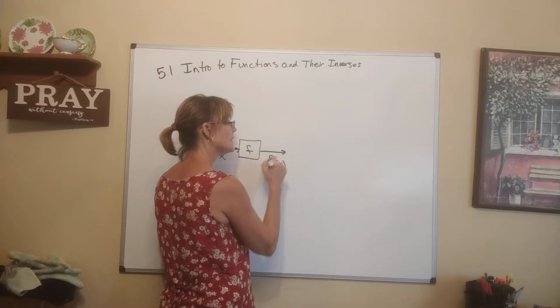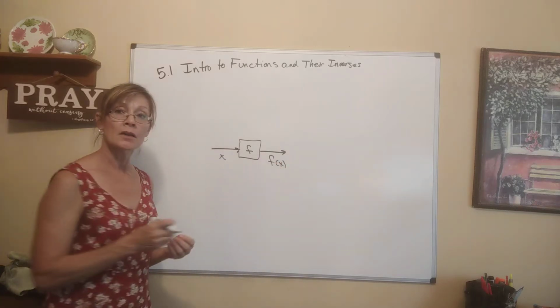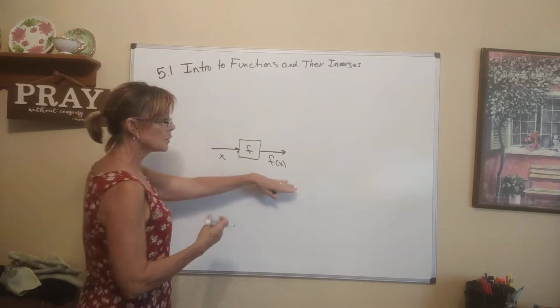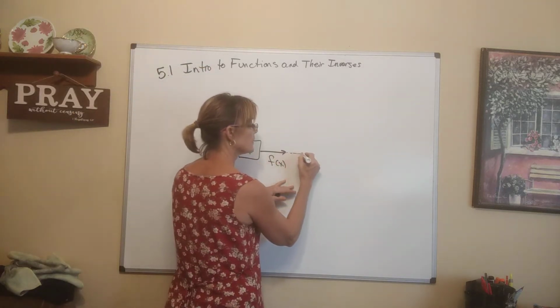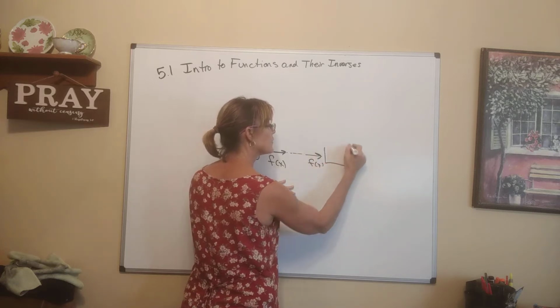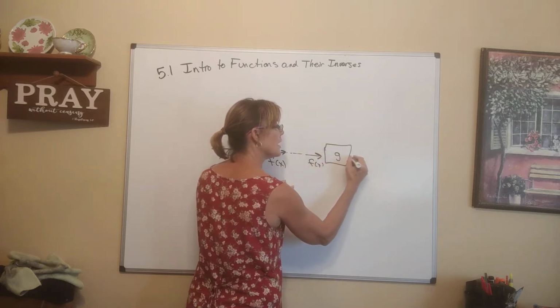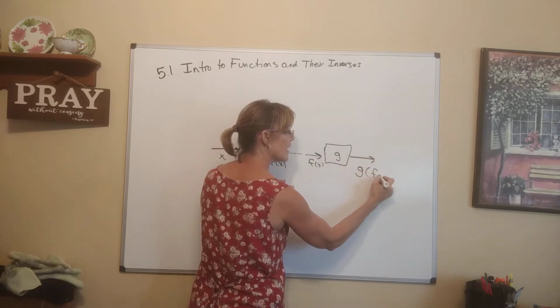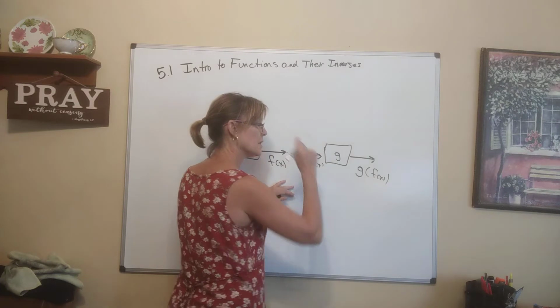Then, when we learned about the composition of functions, we would feed this output into, it became the input of some other function here, g, and then what we would get out is g not of x, but of f of x, what we put into it right here.